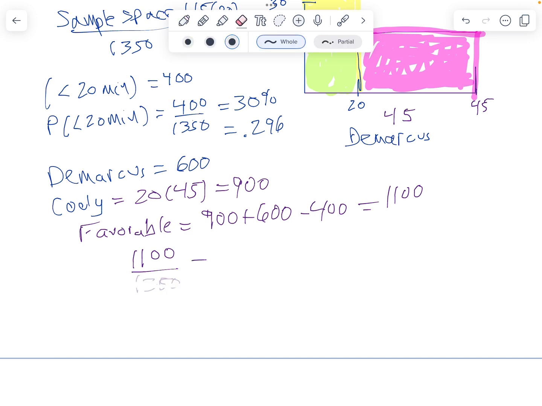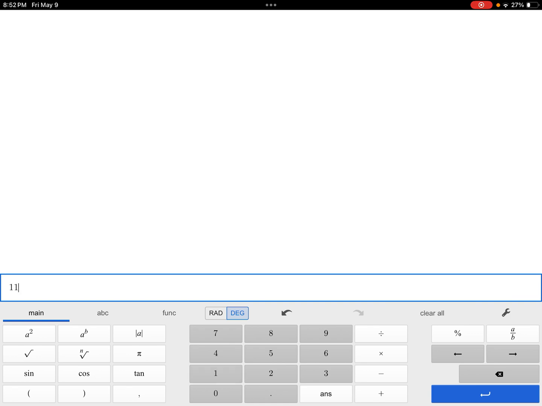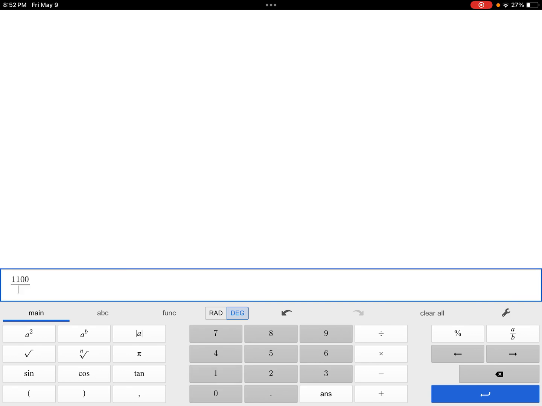Rewrite that 1350 for us so it's easier to see. And 1,100 divided by 1350 is going to be, let's keep it as a decimal, 0.815.